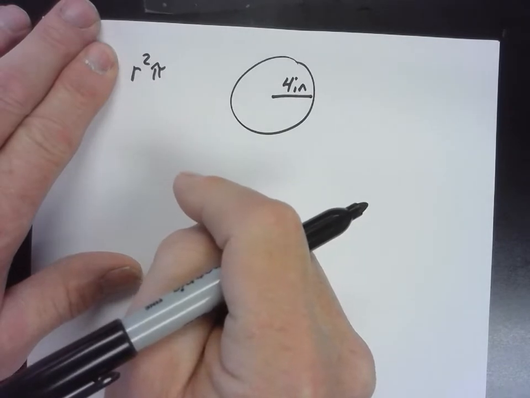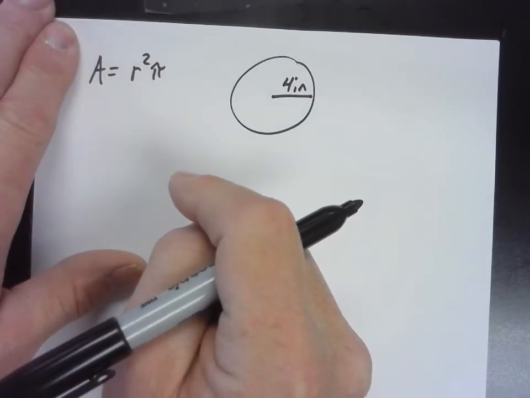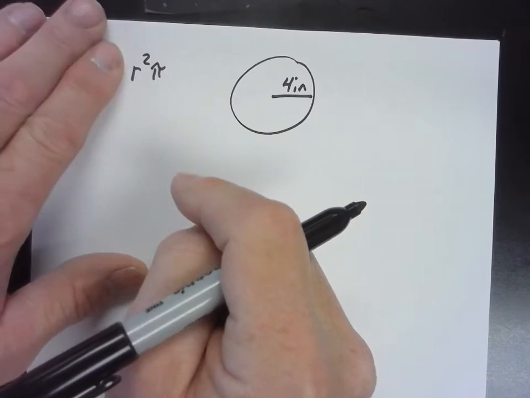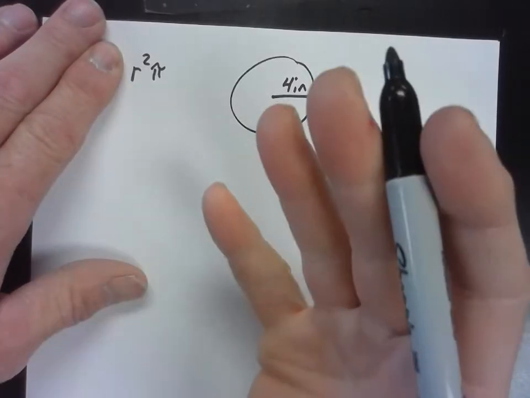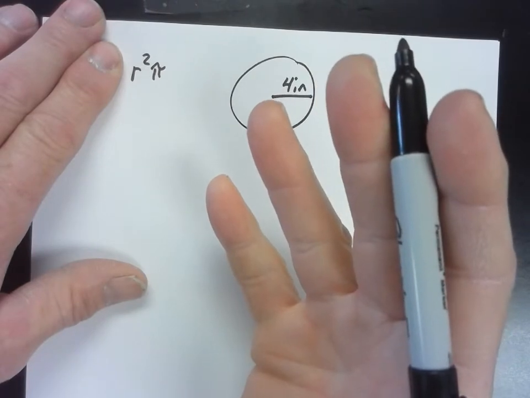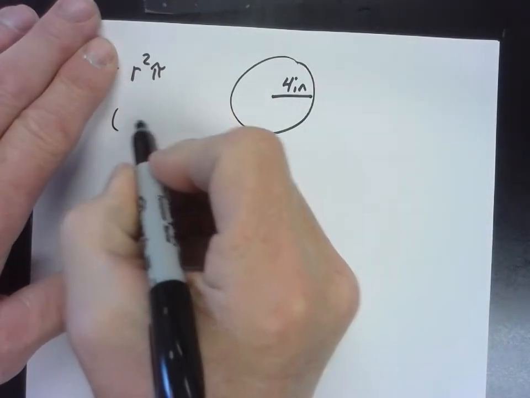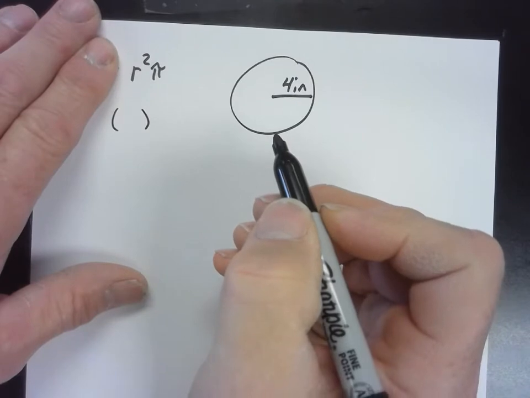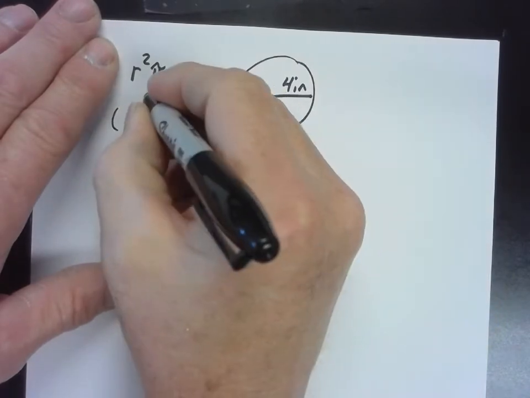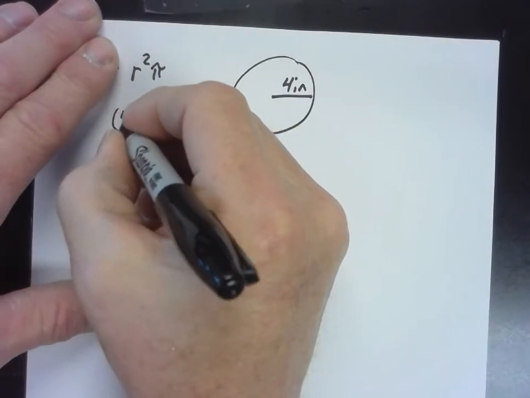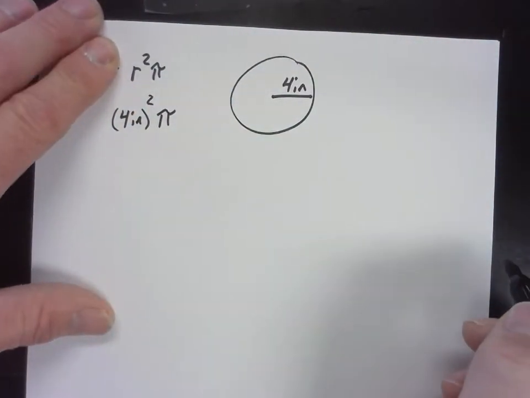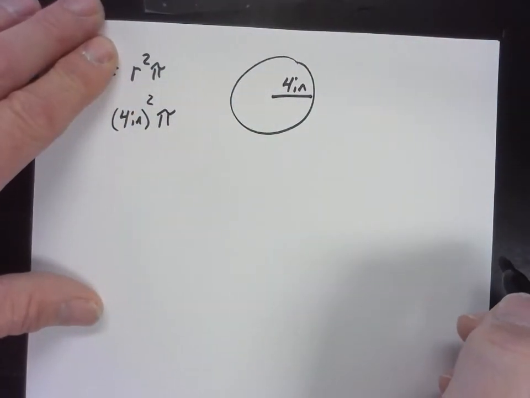The whole thing is an equation. All right, but just that part is an algebraic expression. And every single time I've done a problem like this for you, I've replaced the r with a little set of parentheses. So the problem looks like that. And I put the 4 inches inside the parentheses. Have you noticed that I've done that every time?